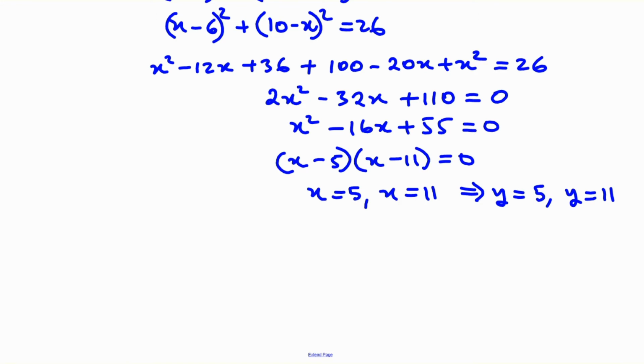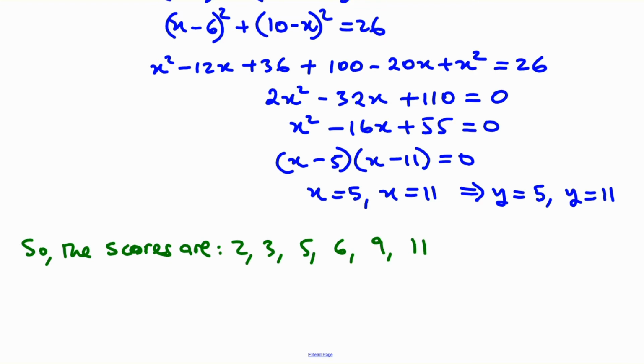So which means that the scores are, let me just write this properly, the scores are 2, 3, 5, 6, 9, and 11.